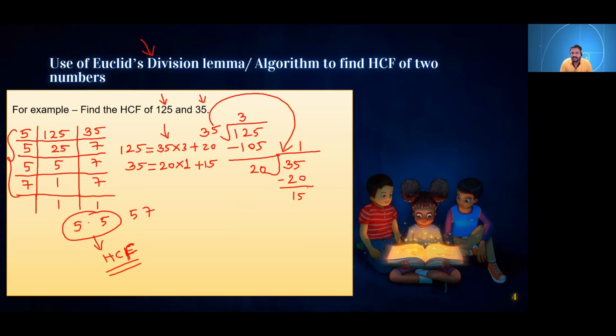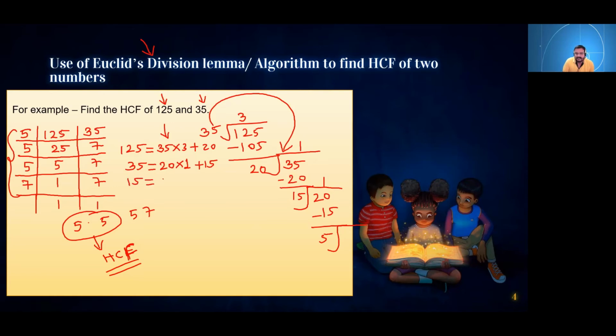Next, this 15 will be my new divisor and this 20 will be my new dividend. So 15 ones is 15, minus, 5 is remaining.